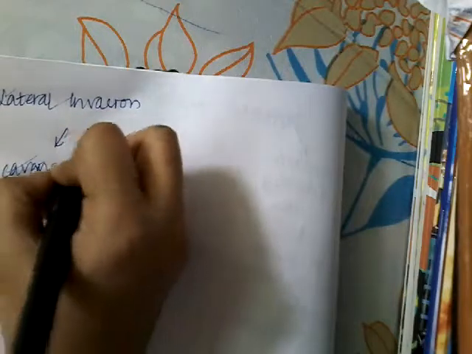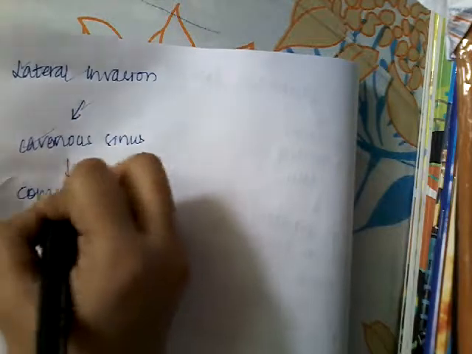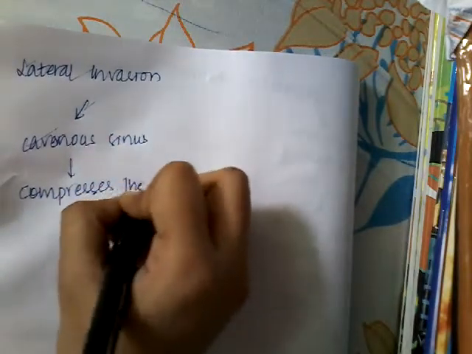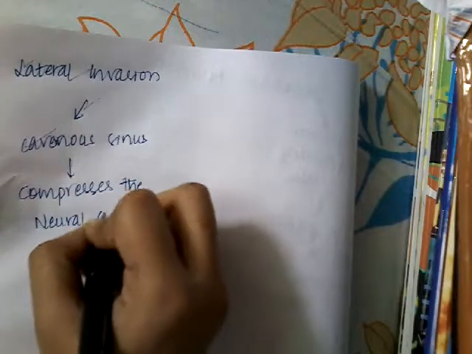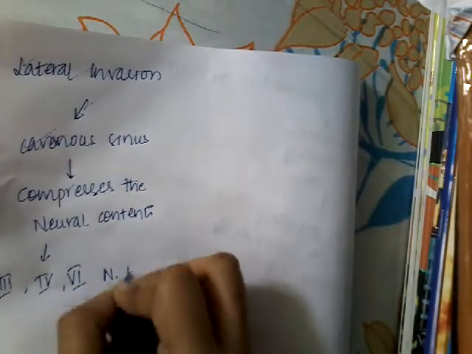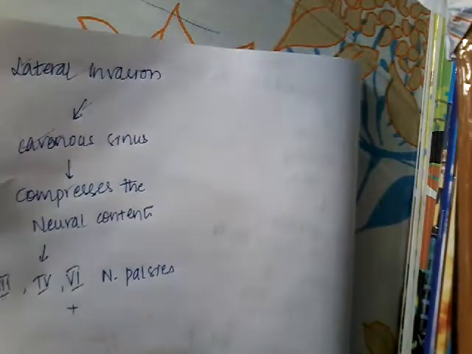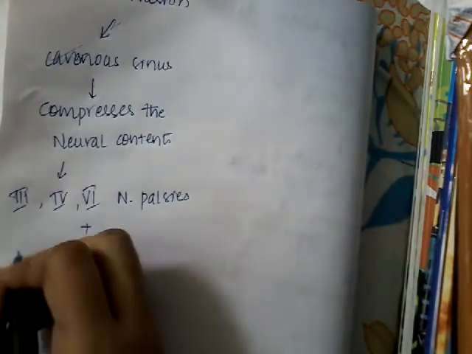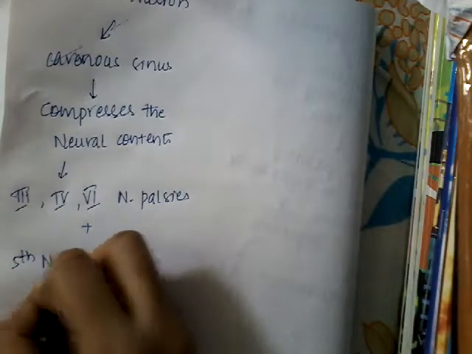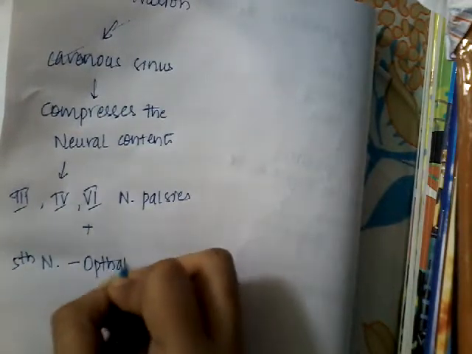Whenever it invades the cavernous sinus, it mainly compresses the neural tissue which is present, and this leads to third, fourth, sixth nerve palsies, plus also fifth nerve, ophthalmic and maxillary branch effects.